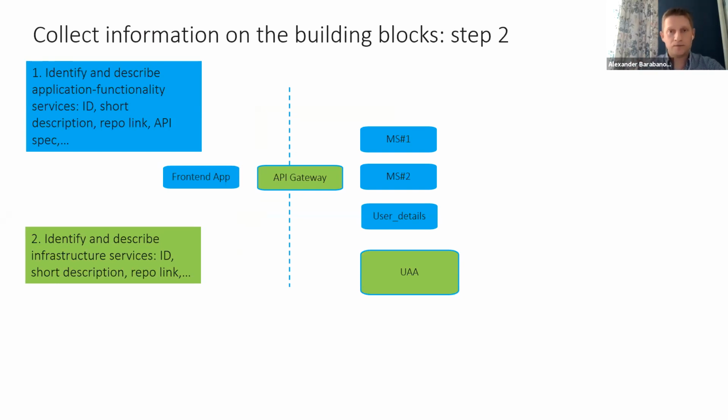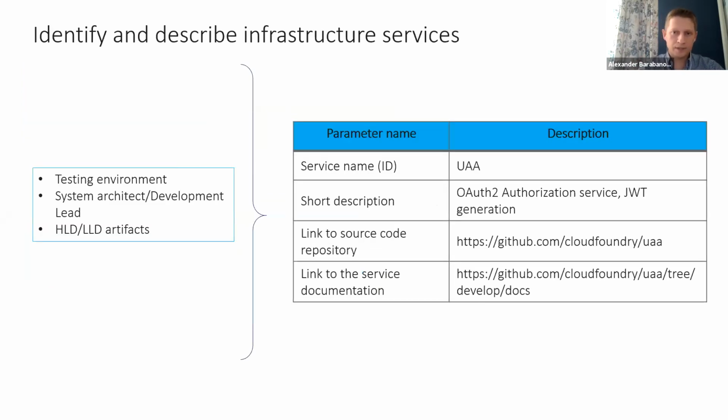As for business function services, you should collect some information like ID, a short description, for example, OAuth authorization service, JSON Web Token generation, and a link to the source code repository. And if you have it, you should also put a link to the service documentation on the table.